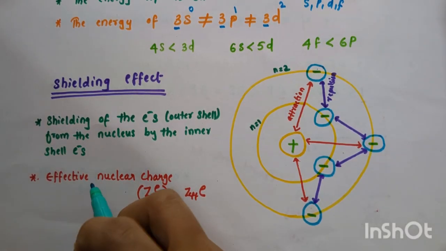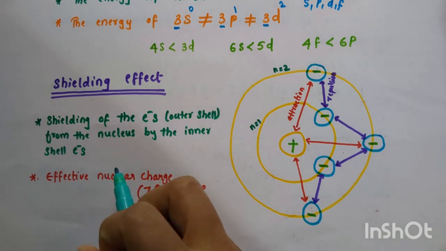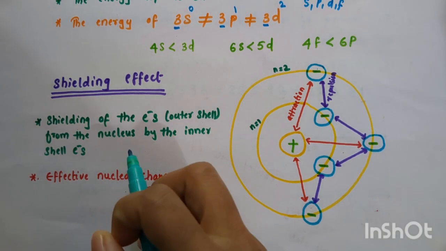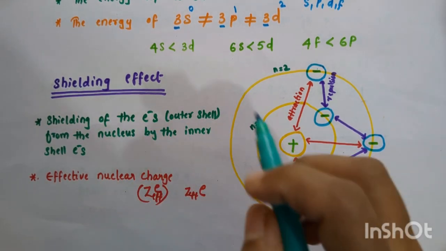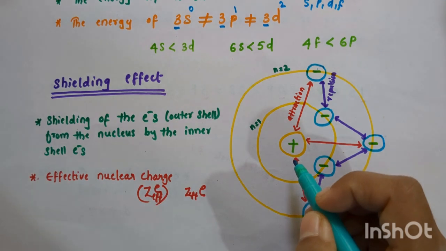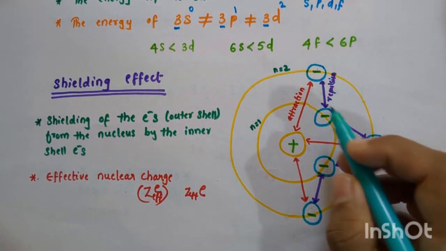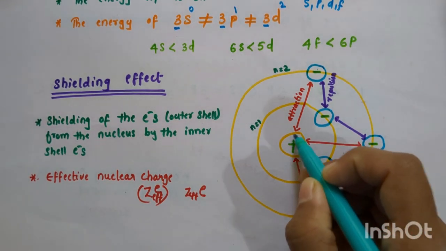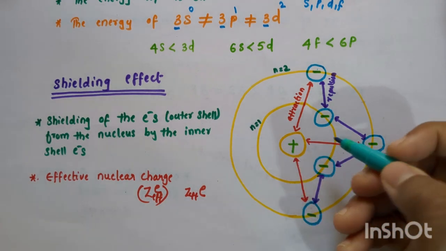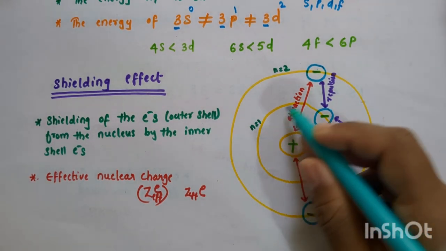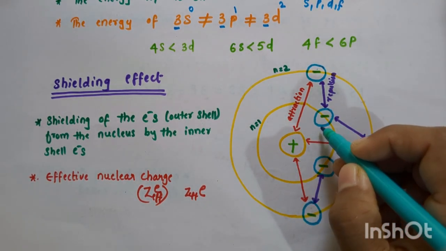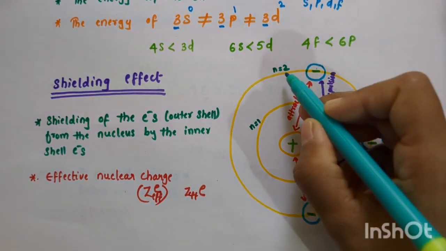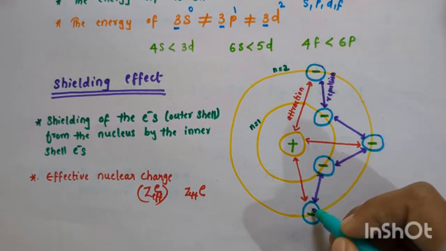The main reason for the different energies of the subshells is the mutual repulsion among the electrons in a multi-electron atom. Consider a multi-electron atom: this is a nucleus with a positive charge. There are 2 electrons in the n equal to 1 shell, the inner shell, and an outer shell for n equal to 2 with 3 electrons.